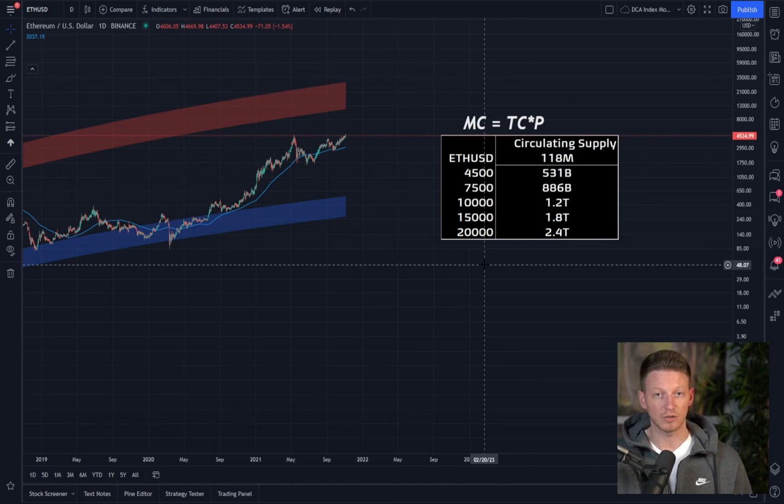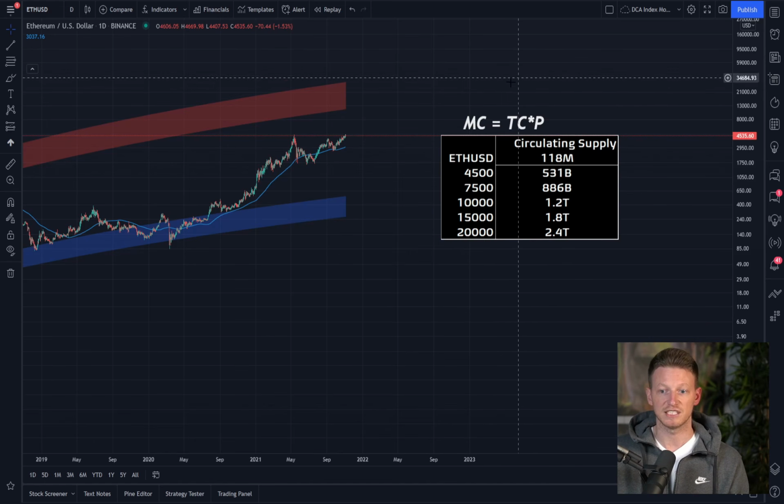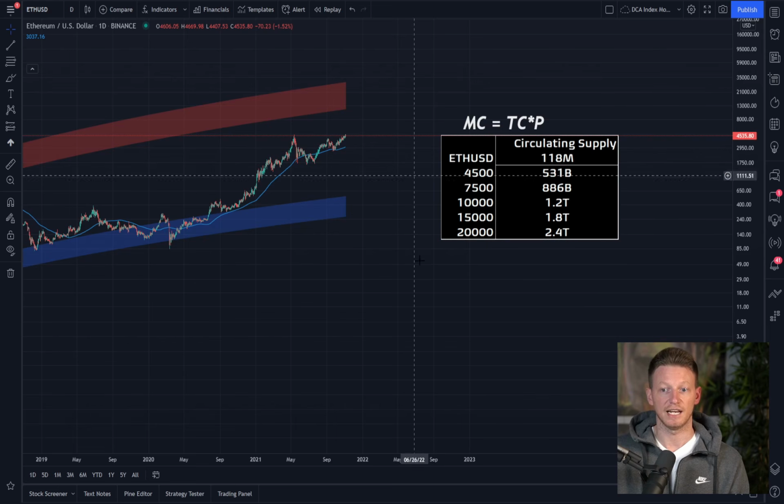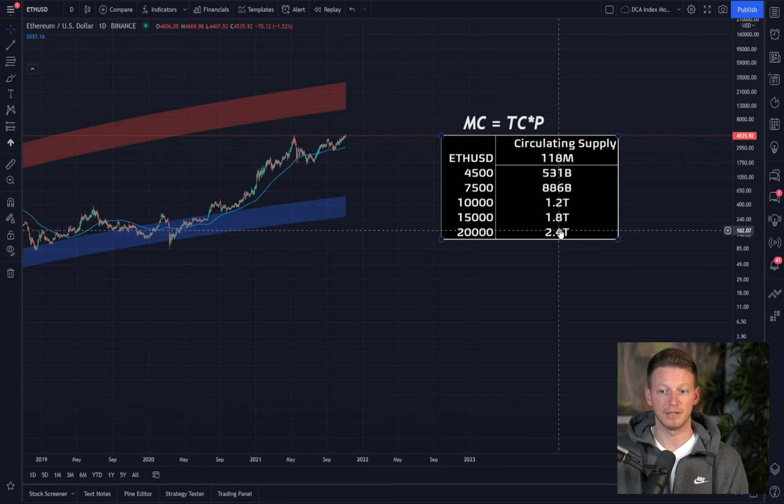We talked about for Bitcoin yesterday, when people say $500,000 Bitcoin, up to $1 million Bitcoin, that's somewhere between a $10 trillion to $20 trillion market cap just for Bitcoin. When you look at these things, you have to consider what the price prediction you're looking at is, and how it relates to the market cap. Because if these numbers don't make sense, the prediction makes no sense.